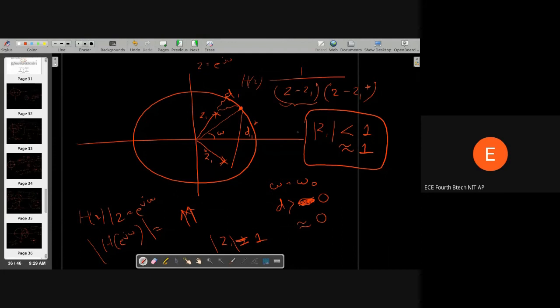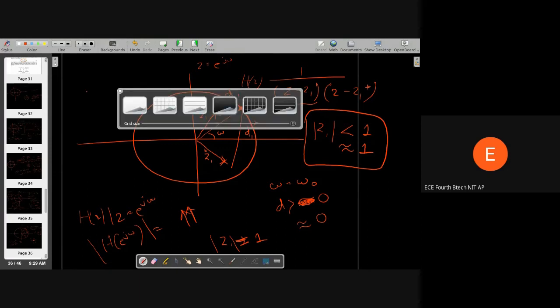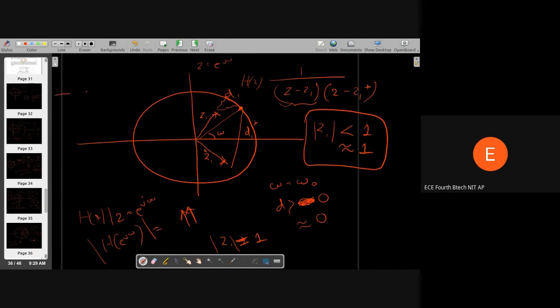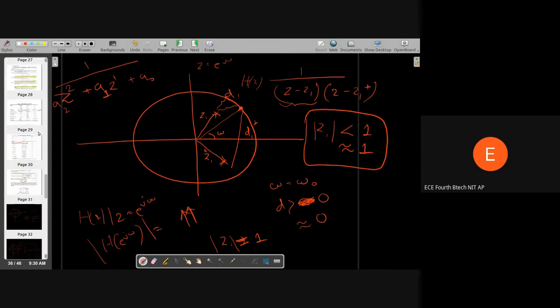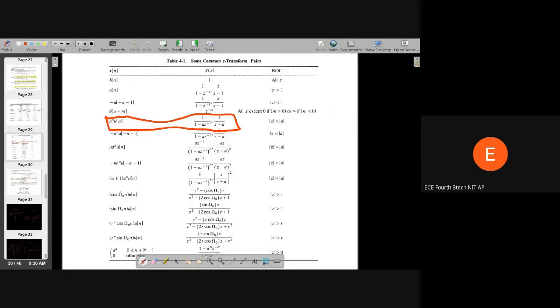So now just look at this equation: z minus z1, z minus z1 star. It will be a 2-degree polynomial, a2 z squared plus a1 z plus a naught, if you break it down. Correct? So now let's go back to your classic look here.